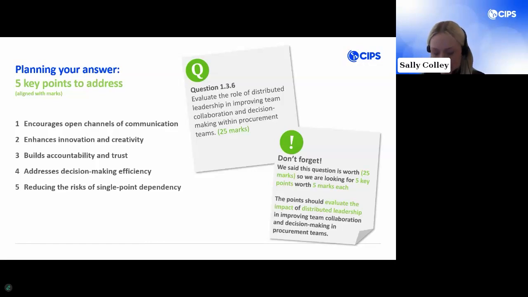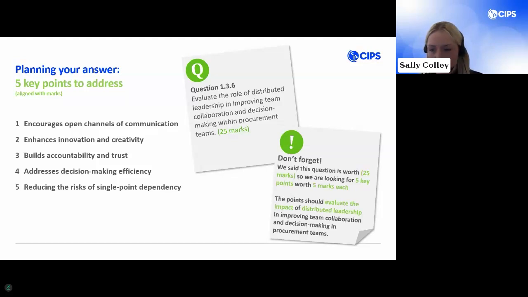I would suggest that you go off and plan this answer structure yourself. But the 5 points that I've chosen are encouraging open channels of communication, enhancing innovation and creativity, building accountability and trust, and addressing decision-making efficiency and reducing single point dependency risks.